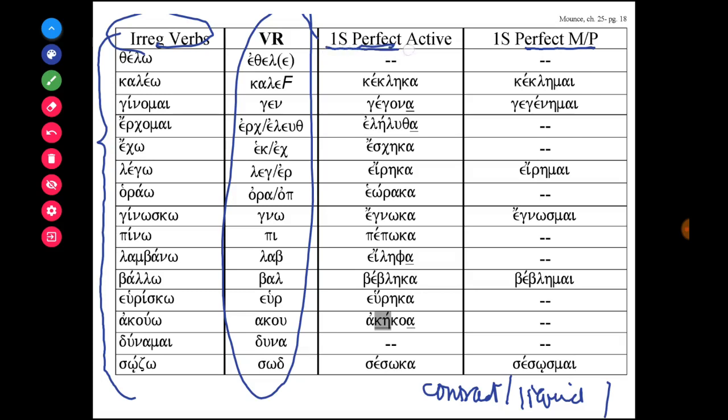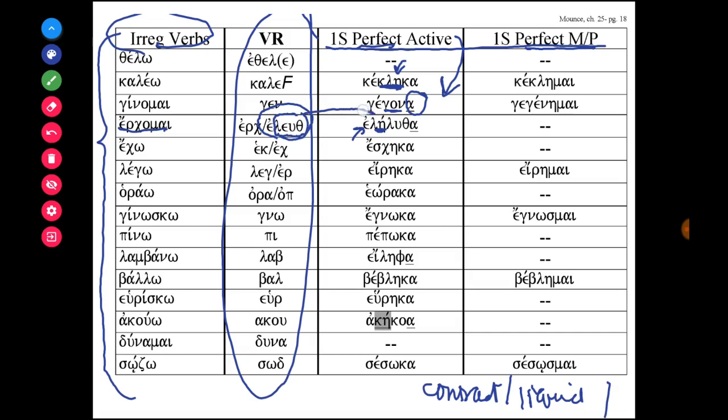And what you're going to be doing is, like I did here, for all the regular verbs, fill out what are its perfect forms, noting, for example, that kaleo has kle as its stem for the perfect, or ginomai uses the second perfect and it uses gon as its irregular stem, and erchomai, using a modified form of the verbal root eluth, has its reduplication here, but also in the middle, so it doesn't reduplicate the epsilon, it reduplicates this part right here.